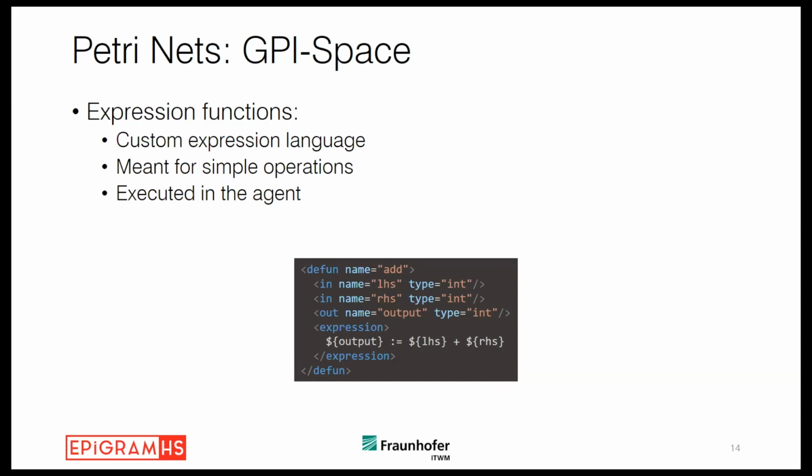An important feature of expressions is that they are executed on the agent and not on the worker, meaning expression functions are not scheduled on remote nodes. They are executed on the workflow engine itself.